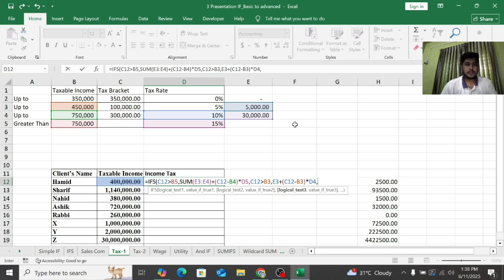What will happen? Yeah, so for this we have to calculate if our taxable income is greater than 3,50,000.